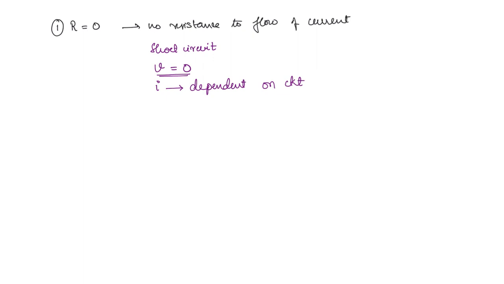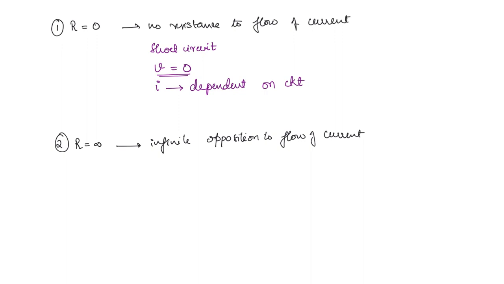Now what is the other extreme condition? You can guess. If R is 0 is one extreme, then R equal to infinity is the other extreme. This means that there is infinite opposition to the flow of current. So in such a case, it simply means that it is an open circuit.